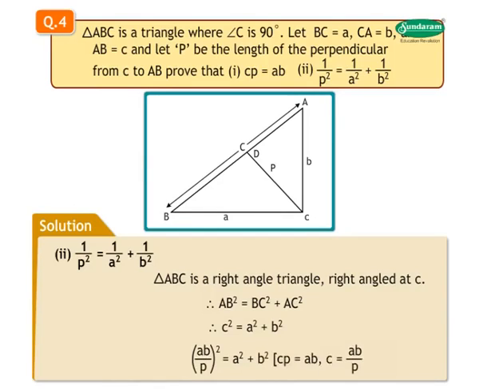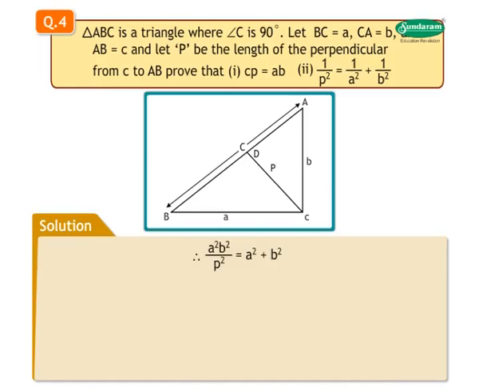AB upon P whole square is equal to A square plus B square, as CP is equal to AB. C is equal to AB upon P. Therefore, A square into B square upon P square is equal to A square plus B square. Therefore, 1 upon P square is equal to A square plus B square upon A square B square.